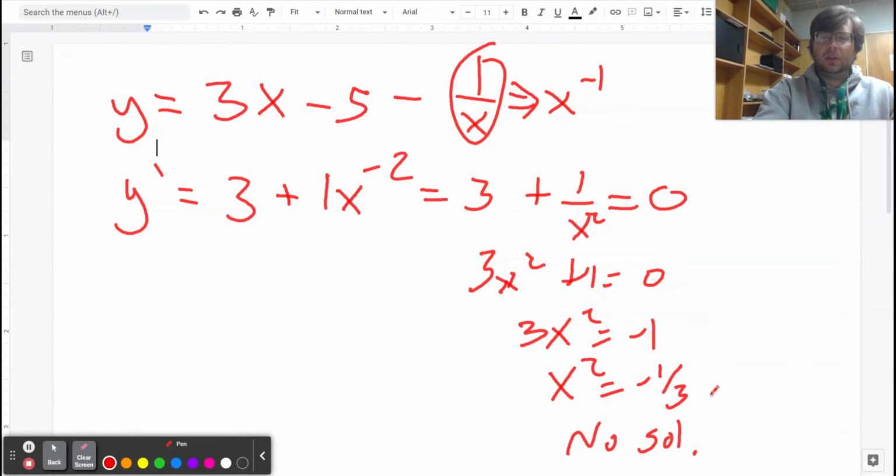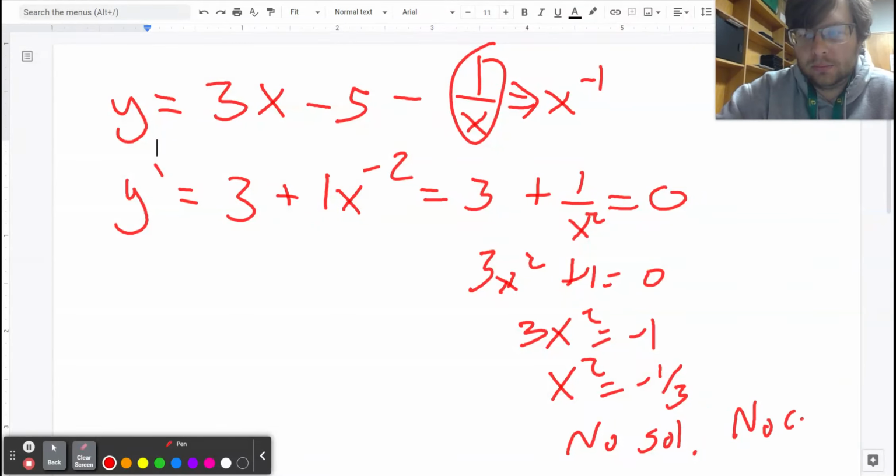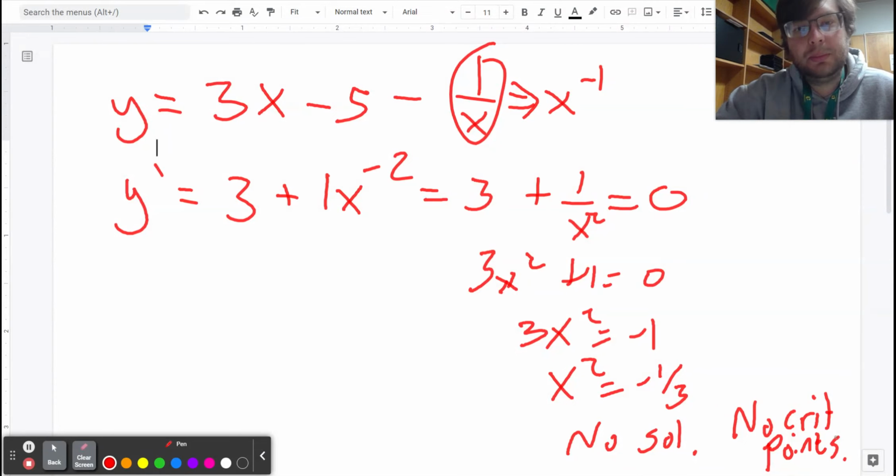So what does that tell me? That tells me that this function has no critical points. So this function does not have a local maximum or a local minimum. I know that there is an asymptote because of the 1 over x part, but there are no other points on it.